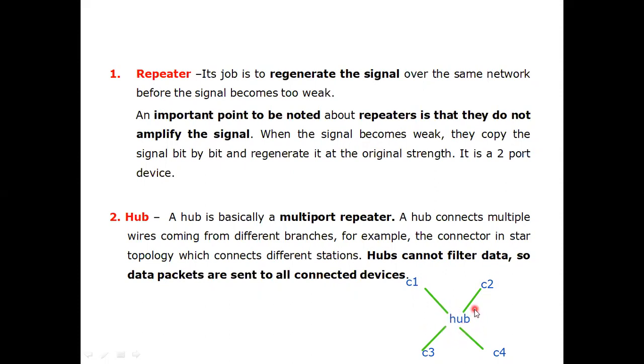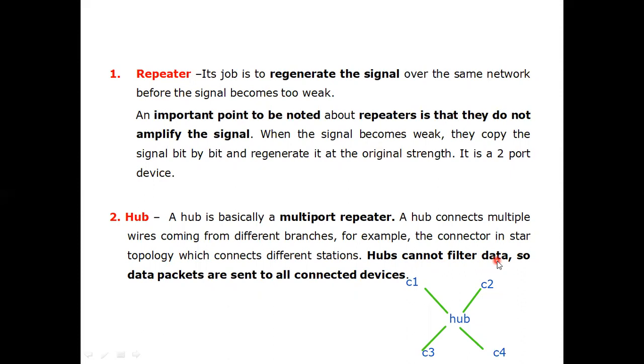It will not decide whether this node wants that data or not, whether this node is the actual destination point where we have to give the data. So it is not deciding that. We can also say hubs cannot filter the data, and if it were filtering, obviously we could say that it is an intelligent device.